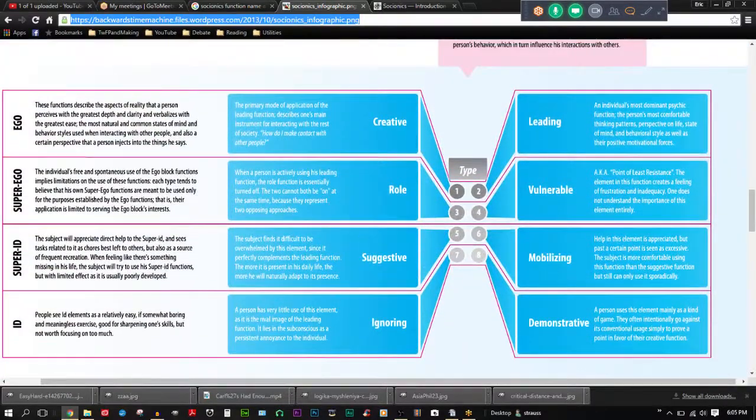So to make a simple chart: 1 equals 1, 2 equals 2, 3 equals 8, 4 equals 7, 5 equals 3, 6 equals 4, 7 equals 5, and 8 equals 6.